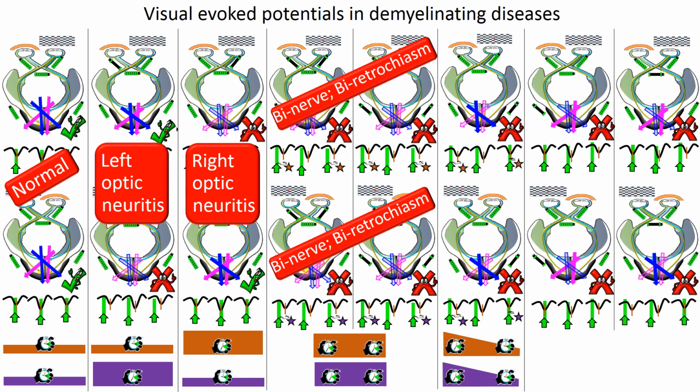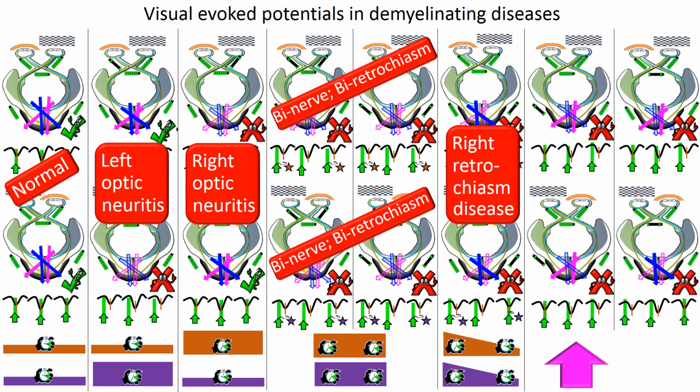And also notice that the vertical size of the rectangle is higher on the left side than on the right side, also indicating a delay. This pattern of parietal P100 is consistent with right retrochiasmatic demyelinating conditions.